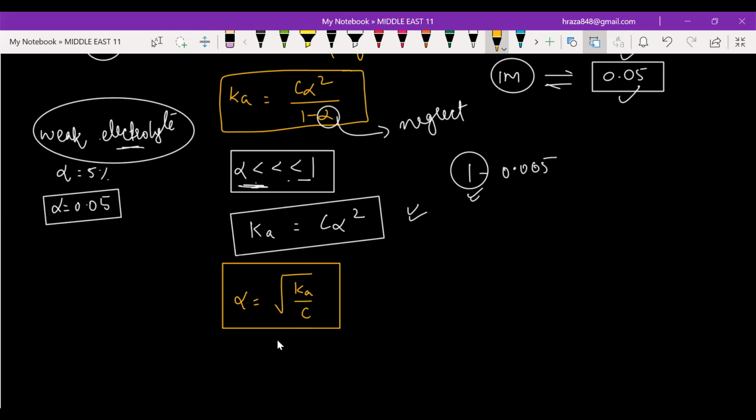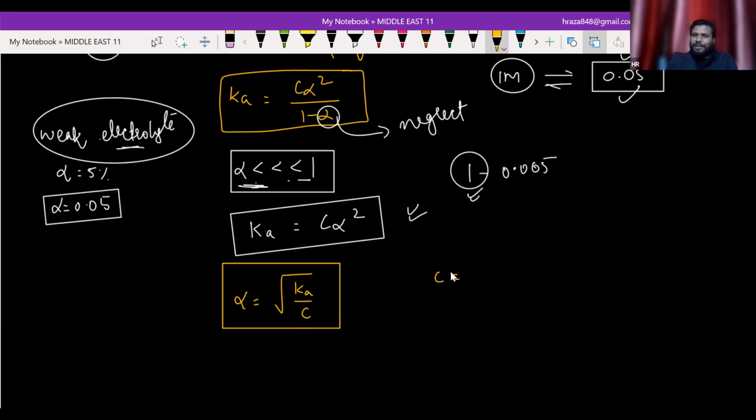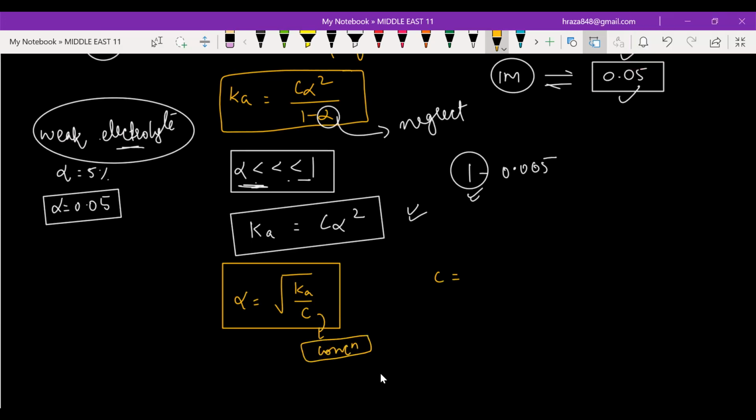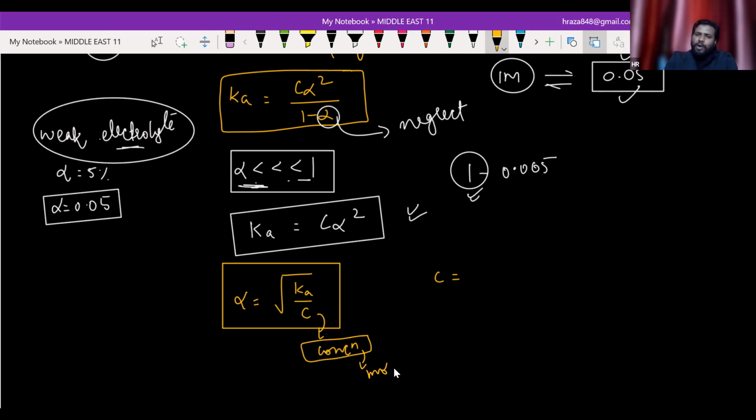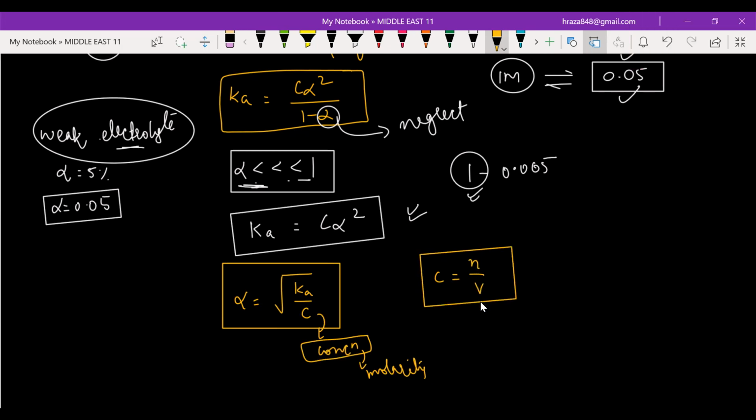Now C is basically what? C is concentration, right? Concentration of reactant that is converted into product. So C is concentration that represents molarity, and for molarity we know it is number of moles upon volume of solution. Is this clear, Saif? Yes, sir.